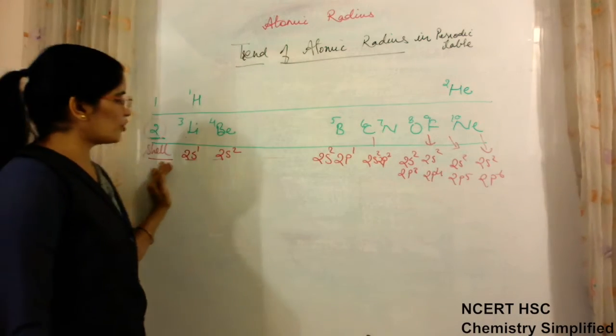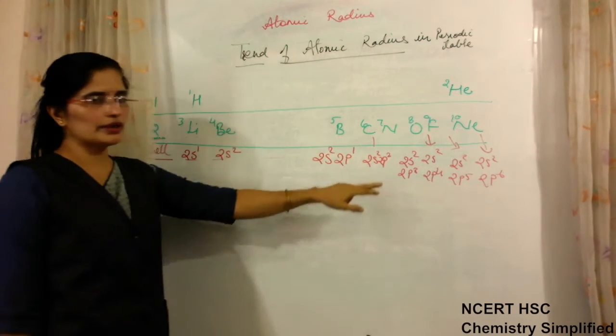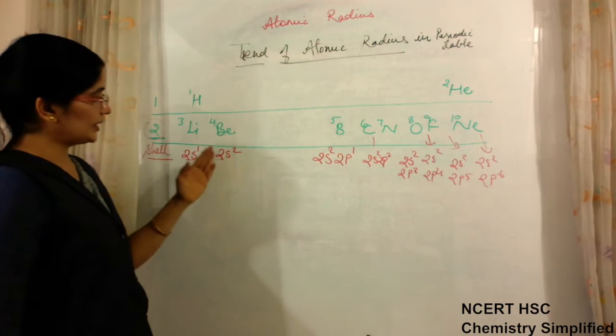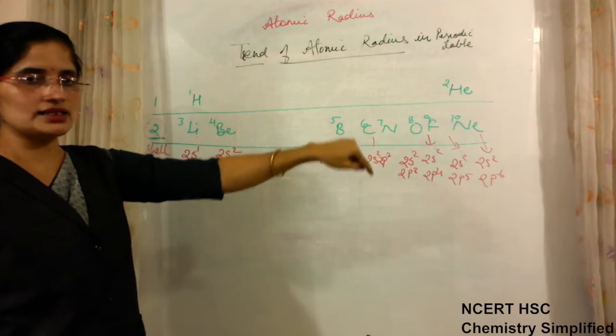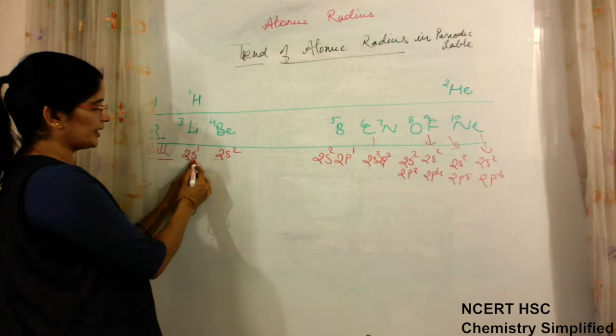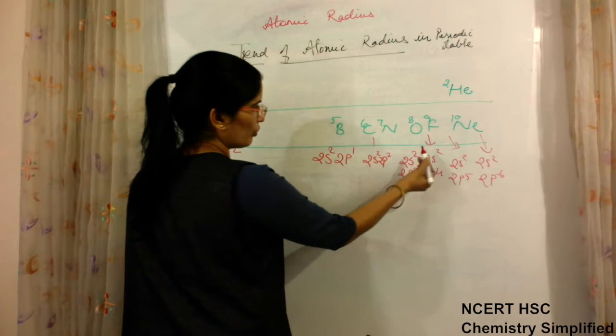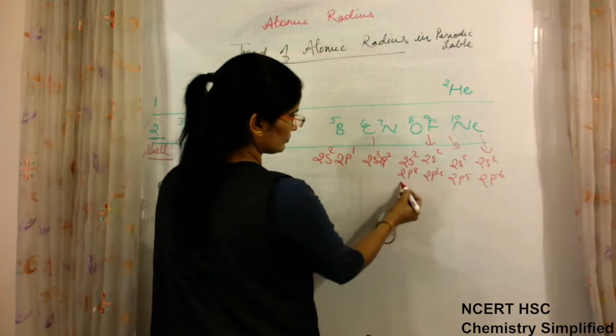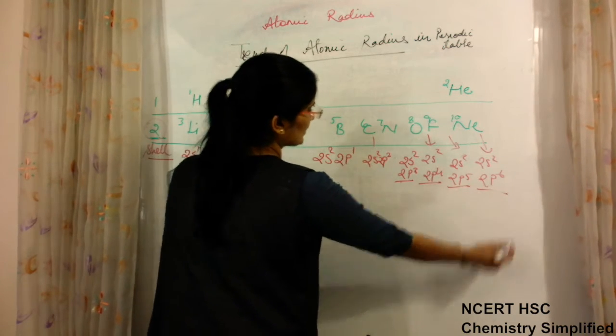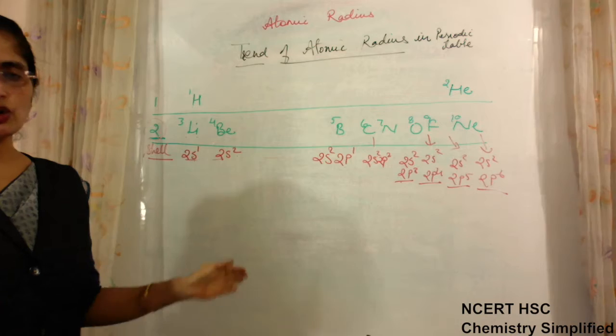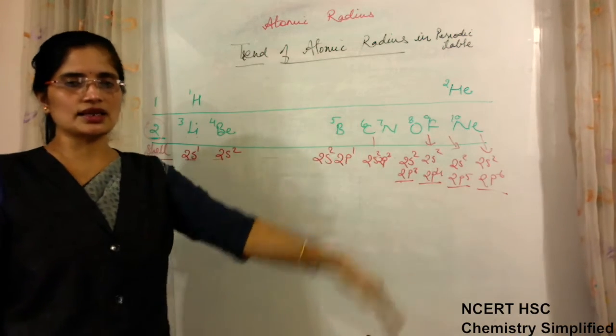Moving from left to right, the shell number is not changing. The electrons are increasing in the same shell. Here only one electron was there in the second shell, here 2 electrons, here 3, here 4, 5, then 6, then 7, then 8. That means electrons are getting added in the same shell.